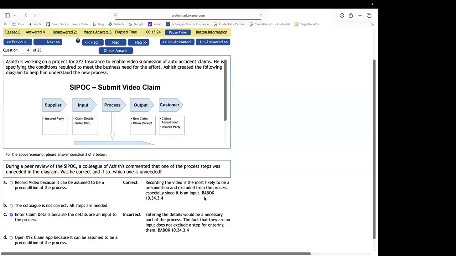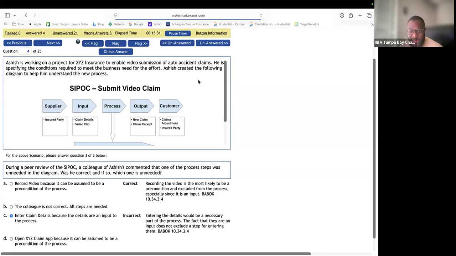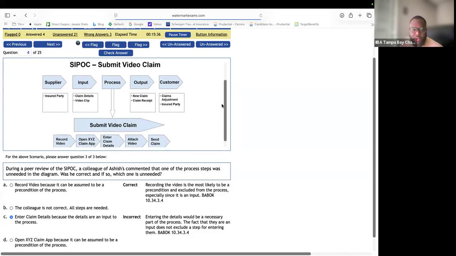So 103433 is heavily about the SIPOC technique, and unless you know most of the details of how a SIPOC works, this question is a little bit tricky to get around. But is there some reasoning behind it? And I assume, because recording the video is most likely why they are creating the app, it should not be a process step since it is already an input right here.